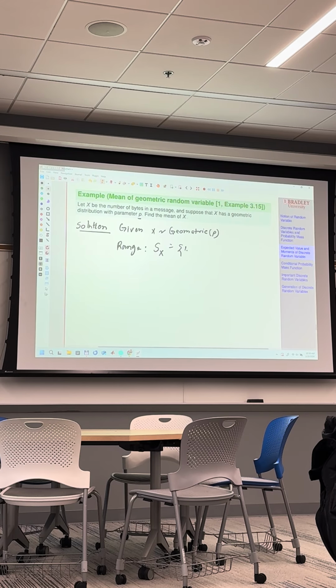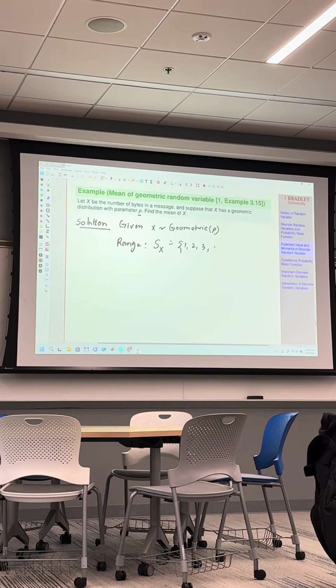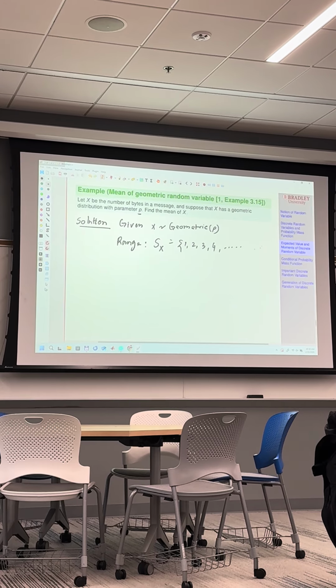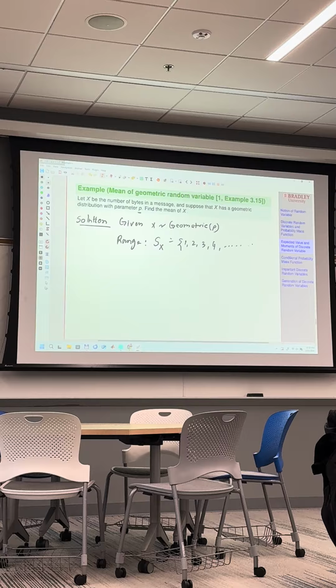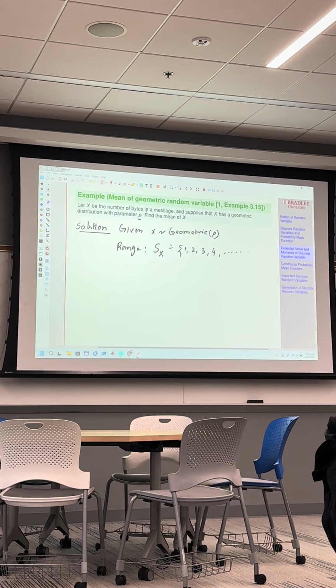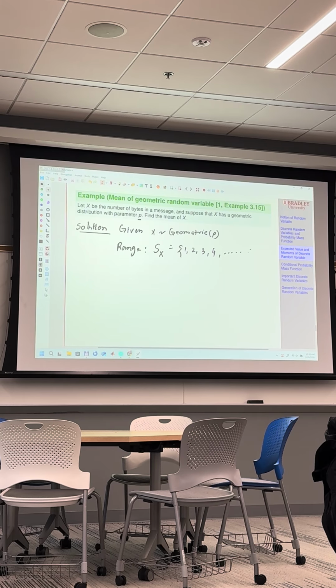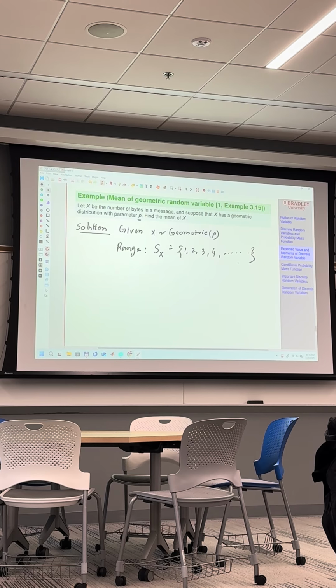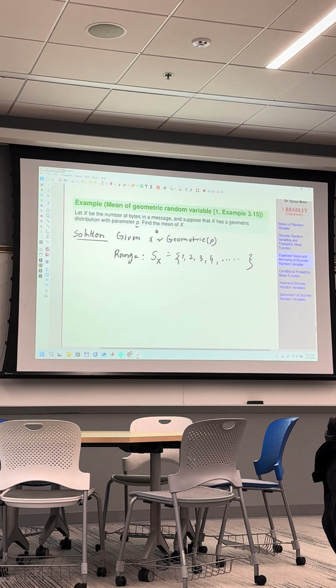We can have 1 byte, 2 bytes, 3 bytes, 4 bytes, and so on, until you keep sending the message until you receive the character. So this is basically the range.